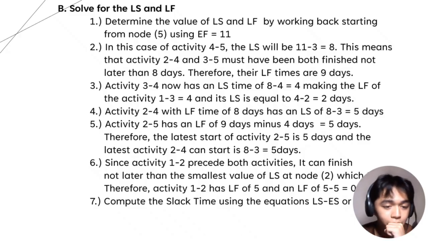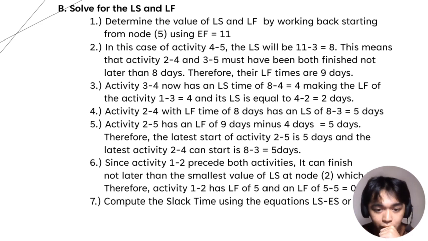Number 5, activity 2 to 5 has an LF of 9 days, minus 4 days equals 5 days. Therefore, the latest start of activity 2 to 5 is 5 days, and the latest activity 2 to 4 can start is 8 minus 3 equals 5 days.